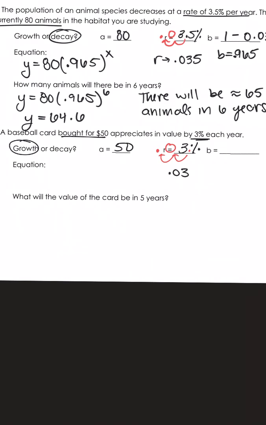To find B, because this is a growth problem, I'm going to take 1 and I'm going to add it to that 0.03. So my B value is 1.03. To put my equation together, I've got y equals initial value of 50, growth factor is 1.03 to the x power.